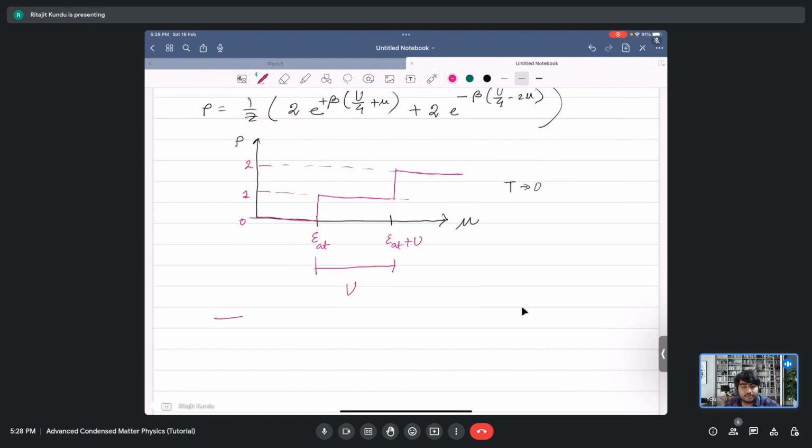Let's say I have some level E atomic, and I am putting some up spin. Then if I increase the chemical potential, I can only put another particle, which has to be of opposite spin, at E atomic plus U. This additional energy U is because there is an additional Coulomb cost to put another particle.